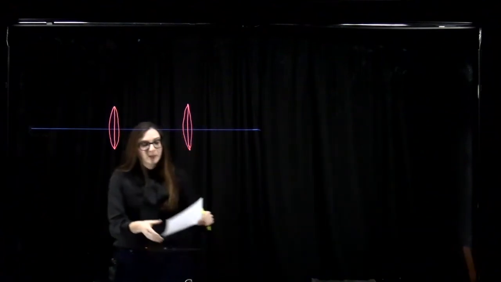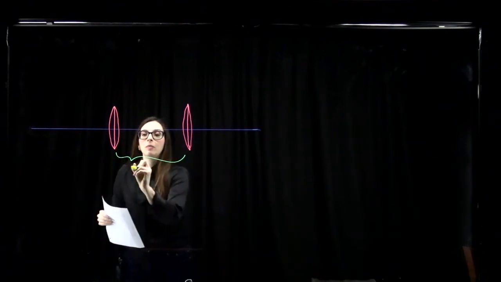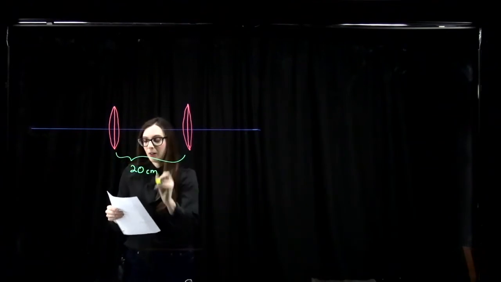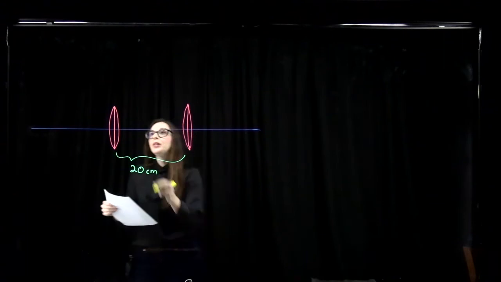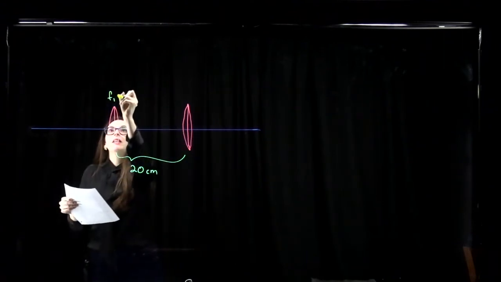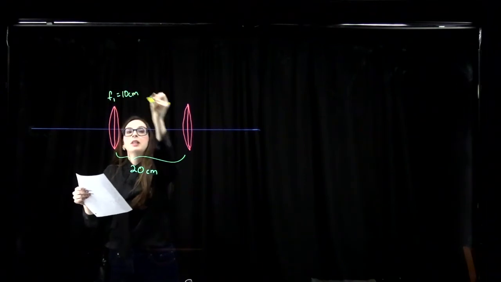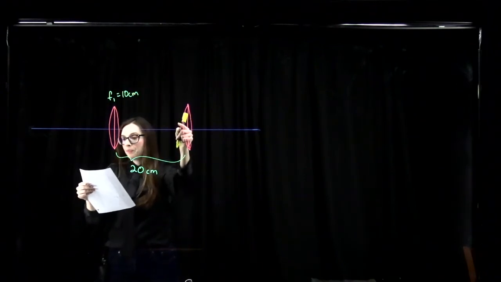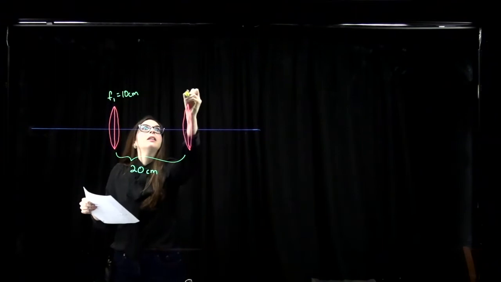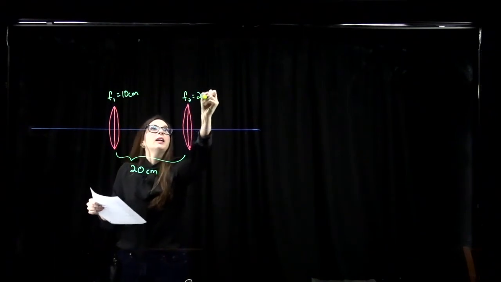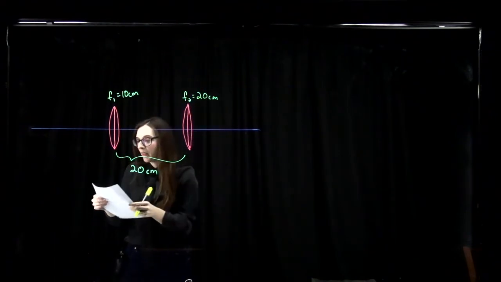So we have two lenses and they're separated here by 20 centimeters. Our first lens, I'm going to call it f1, has a focal length of 10 centimeters. Our second lens has a focal length of 20 centimeters.